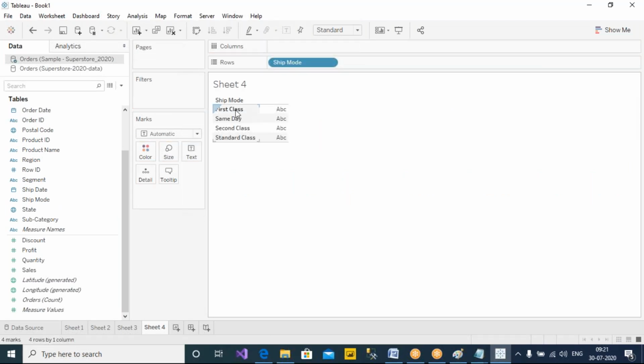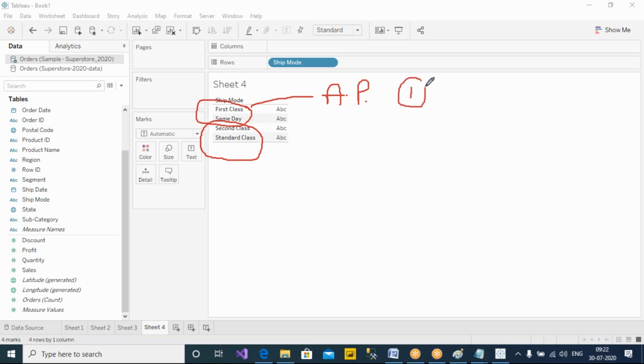So you have got 4 values in this ship mode. Now I want to group the first 2 into one category and the second 2 into another category. If you are using Amazon, it says Amazon Prime delivery, so you will be delivered the product on the same day or maybe on the next day.